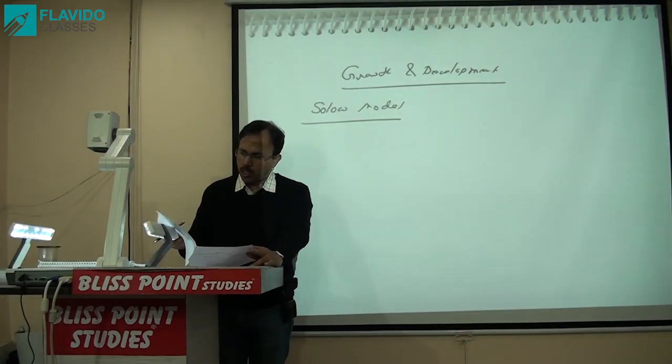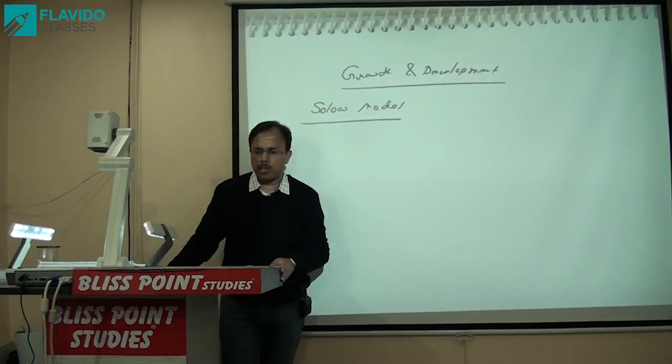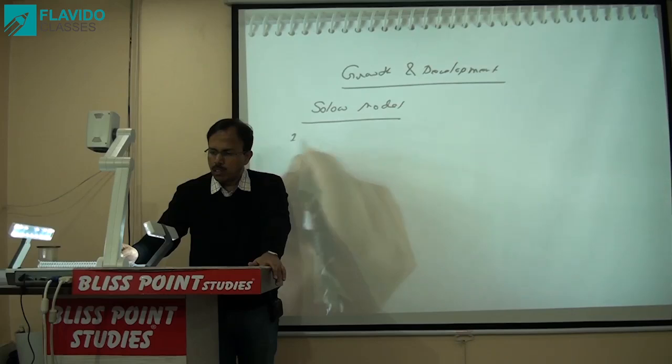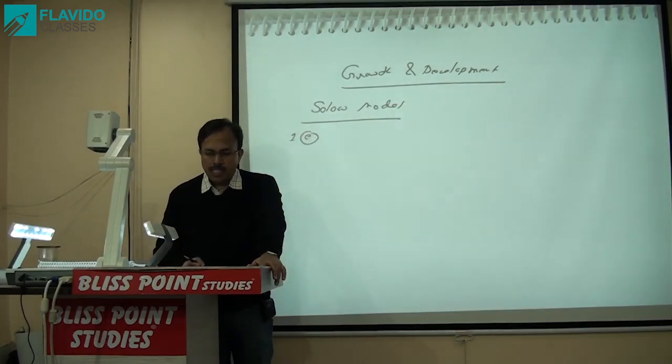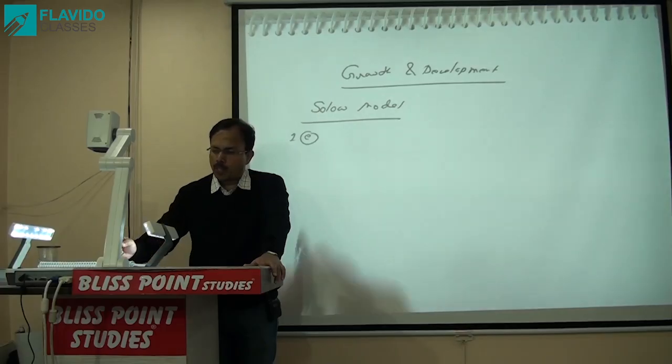First question, part E: explain how, according to the Solow model, technical progress is the source of sustained increase in output per worker. In the first question, part E, technical progress is the source of sustained increase in output per worker.